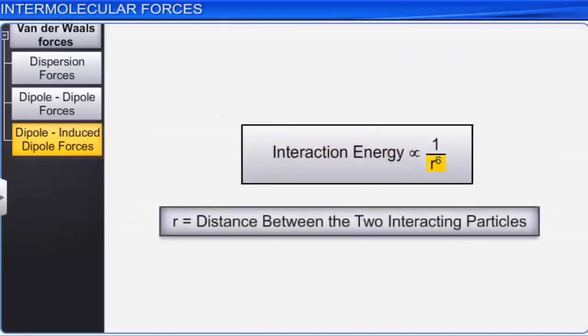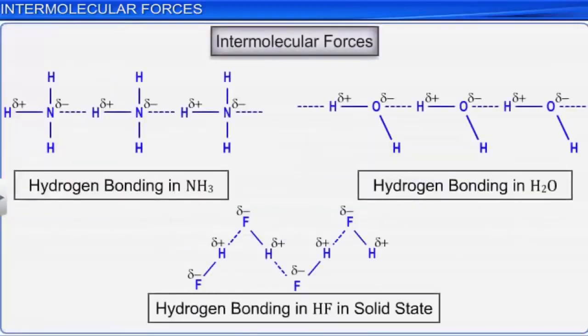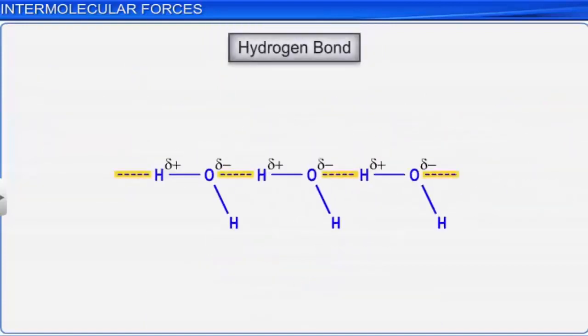A special case of dipole-dipole interaction called hydrogen bond exists in the molecules with highly polar NH, OH or HF bonds. This intermolecular force is stronger than the van der Waals forces of attraction, having interaction energy of the order of 10 to 100 kilojoules per mole.